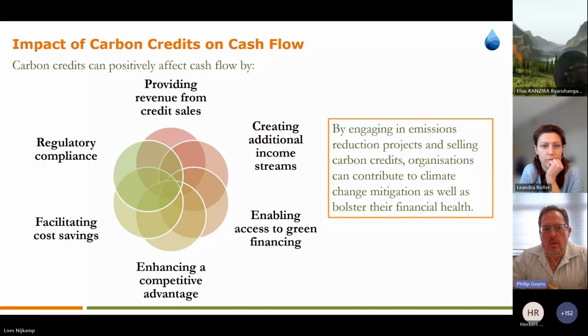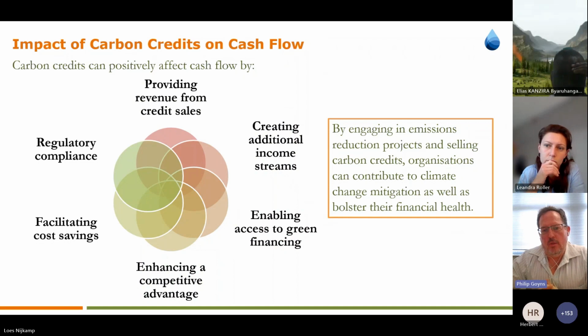These are different things that one should consider when you are thinking about having a carbon credit. The revenue from those credits, whether there are other income streams. Part of the additionality from a financial perspective is what sort of profit one could get from a project.